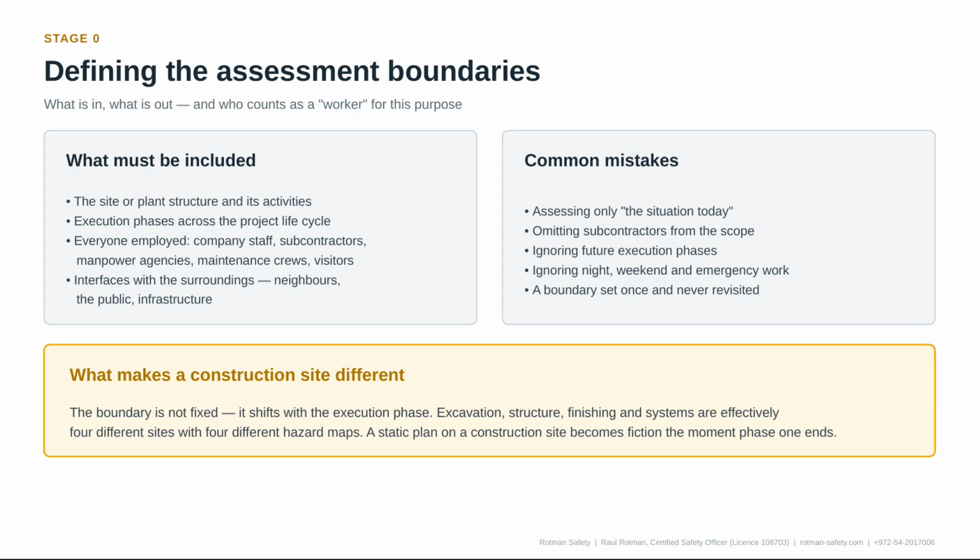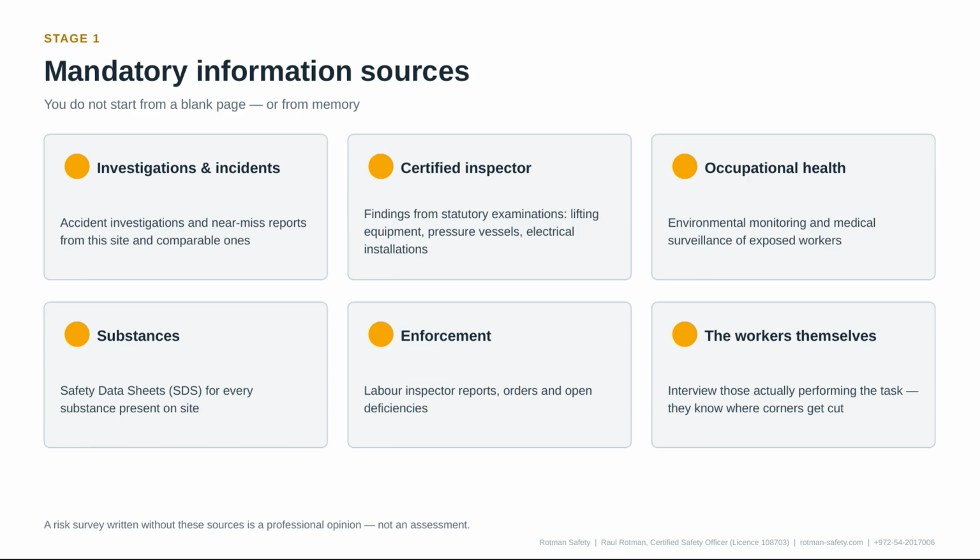Once the boundaries are set, we gather the information sources. You do not start from a blank page, and you do not start from memory. The mandatory sources are accident investigations and near-miss reports, findings from the certified inspector covering lifting equipment, pressure vessels, and electrical installations, environmental monitoring and medical surveillance, safety data sheets for every substance, labor inspector reports and open deficiencies, manufacturer instructions, and interviews with the workers who actually perform the task.